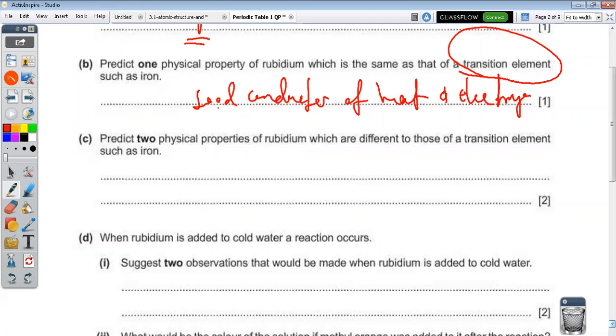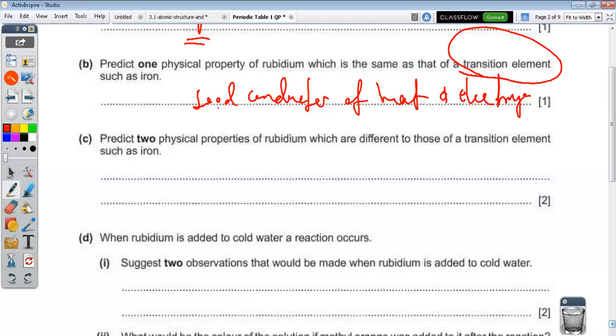You can simply say melting point and boiling point, each on its own. What else? Didn't we say all metals are heavy except group 1? Low density, compared to all the other metals.